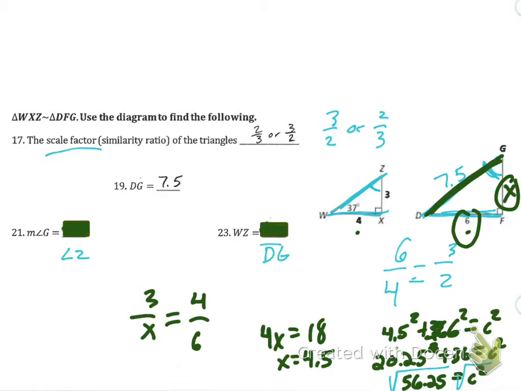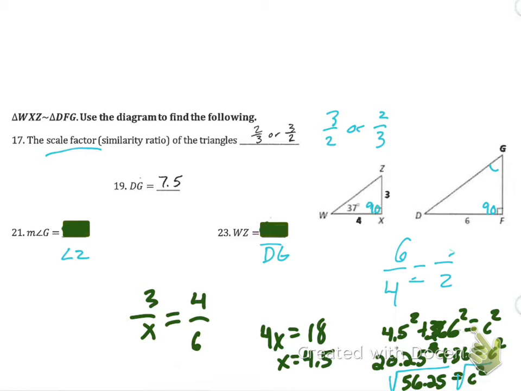We've got to find measure G here. Let me erase some of this real quick. All right, we know the scale factor is still 2/3 or 3/2. So measure G, this guy right here. Well, I know that this is 90 degrees right here, and I know that this is 90 degrees.